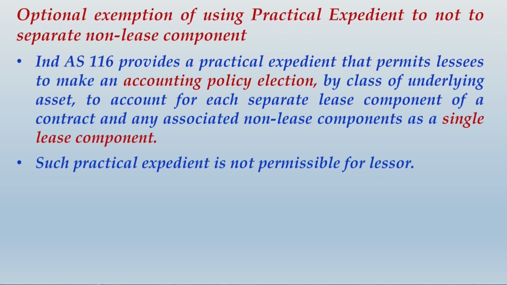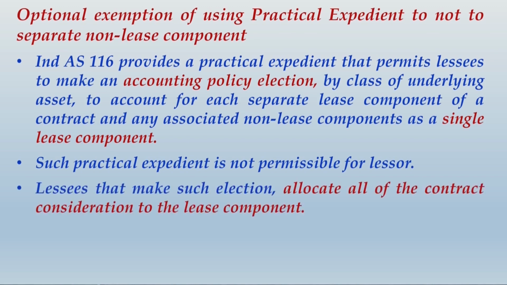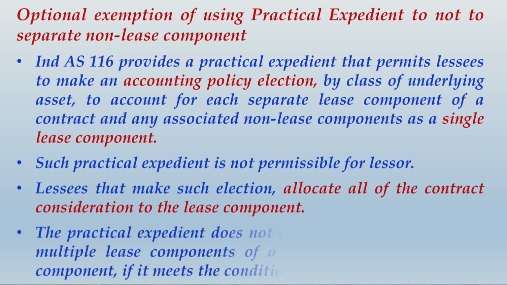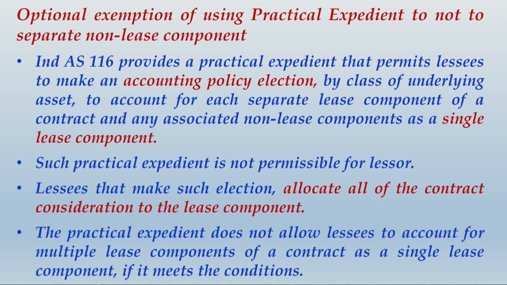Such practical expedient is not permissible for the lessor. Lessees that make such election allocate all of the contract consideration to the lease component. The practical expedient does not allow lessees to account for multiple lease components of a contract as a single lease component if it meets the conditions.